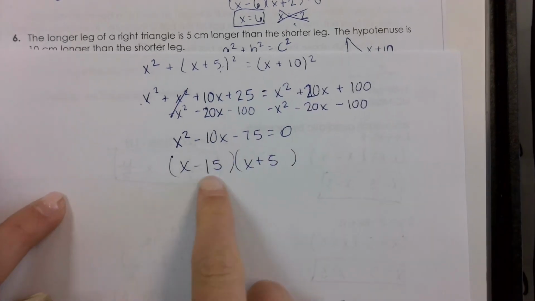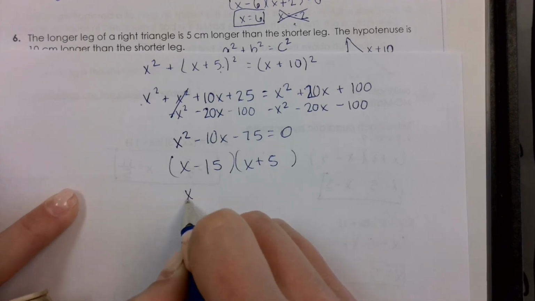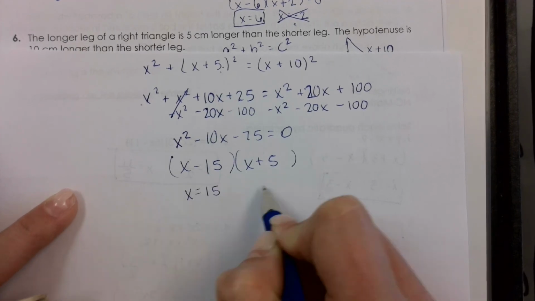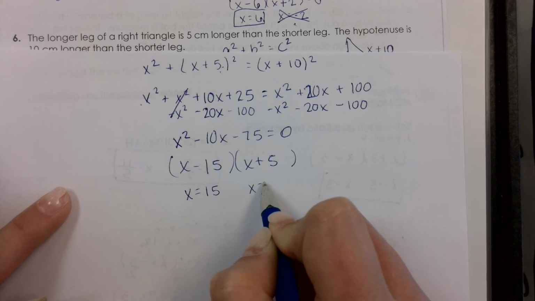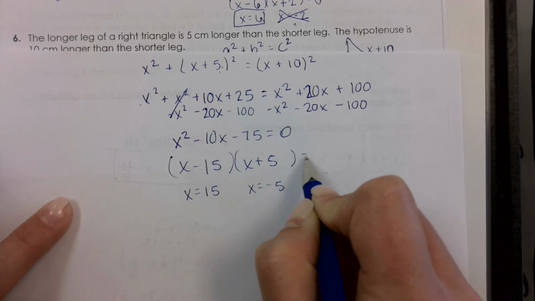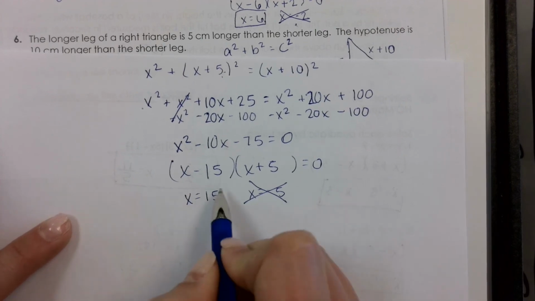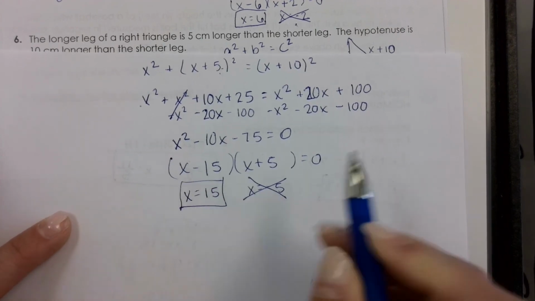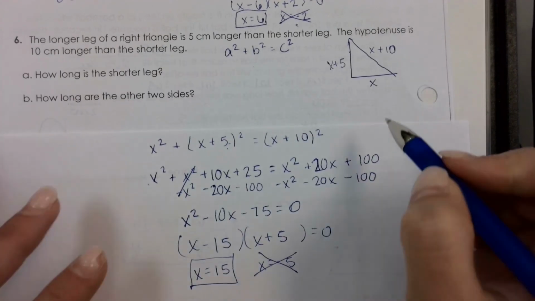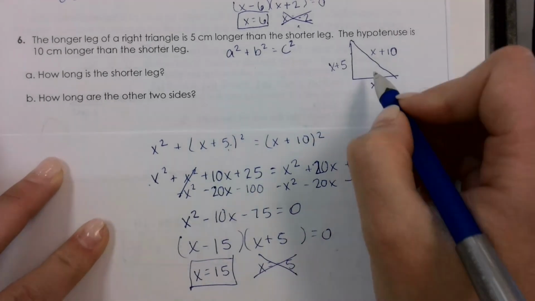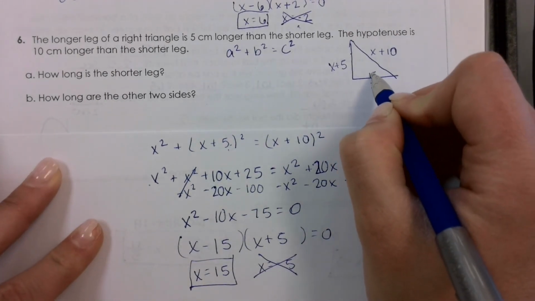When we solve x minus 15, what do you get? 15, and then x plus 5? Negative 5. Which answer can we throw out? The negative 5, because our triangle is not going to be negative 15. So we know that x equals 15. So I'm going to go back in and label the sides of our triangle. So the x side is 15.